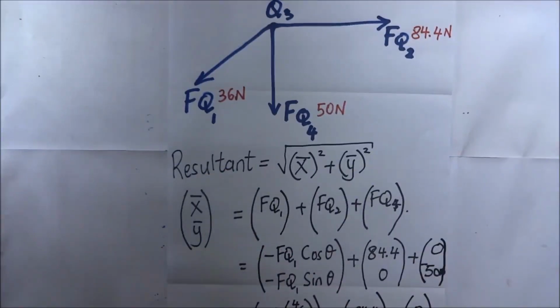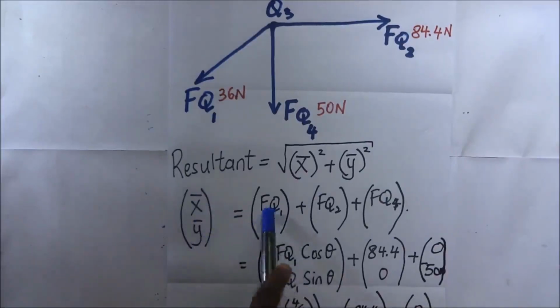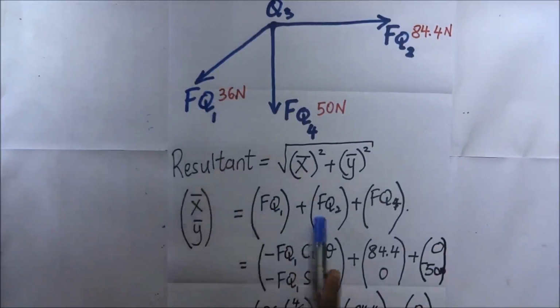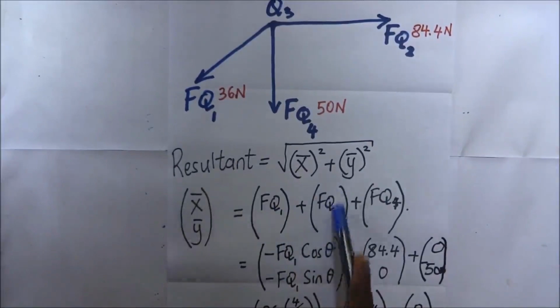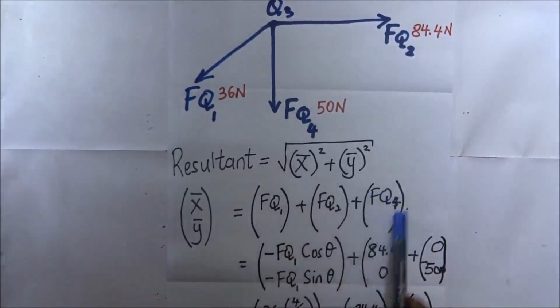So we begin getting the resolution of forces. We first have to get the resultant force in the x direction and in the y direction for each force. So we shall get the resultant force for FQ1 plus the resultant force both in x and y direction for FQ2, which is that. Then the resultant in that direction also, FQ4.